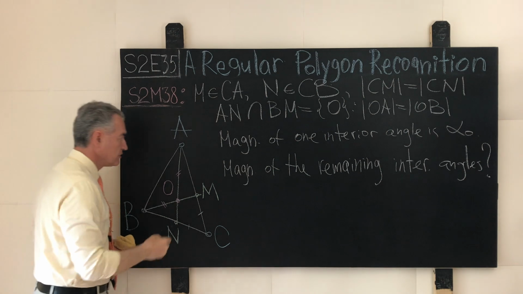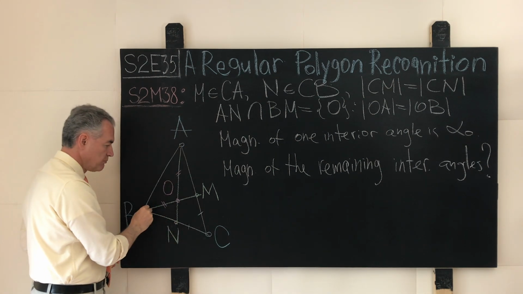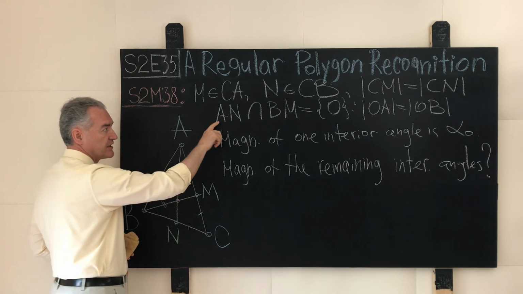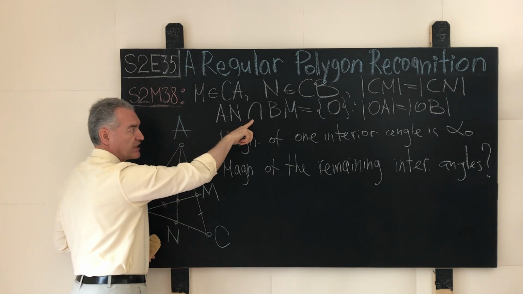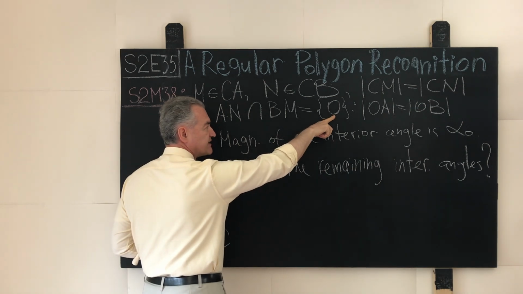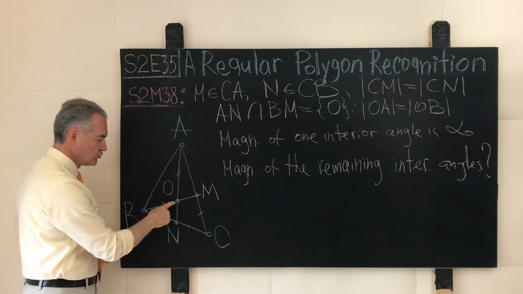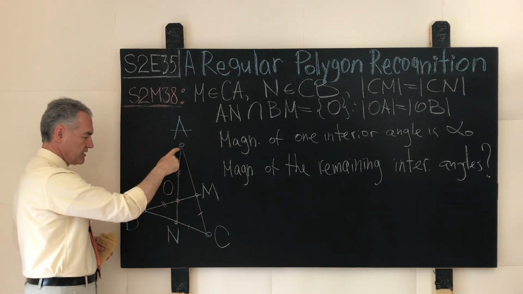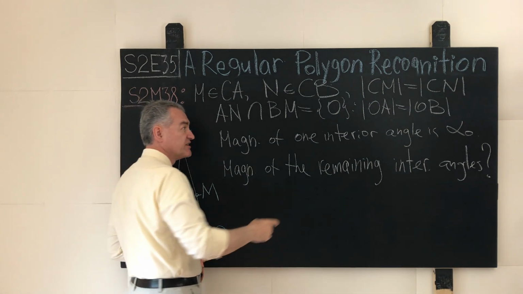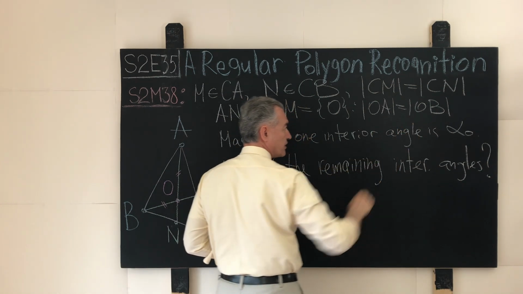Also, in this triangle, the line segments AN and BM intersect at the point O, such that the distance from the point O to the vertices of the parent triangle A and B is again one and the same. In other words, the length of the line segment OA is the same as the length of the line segment OB.